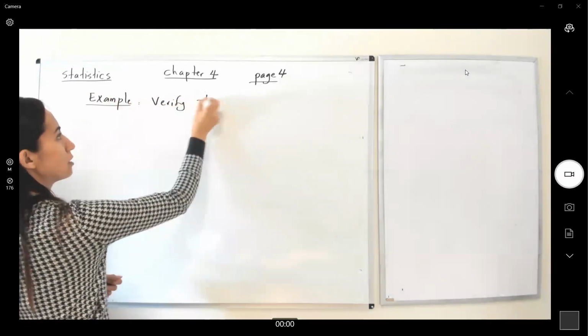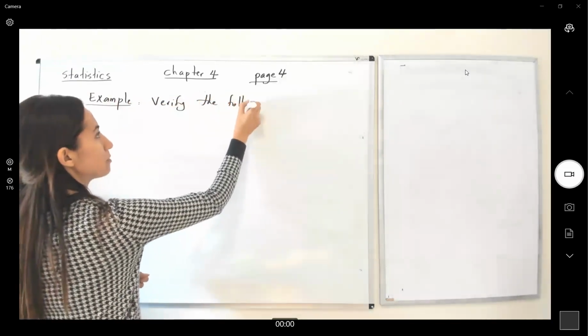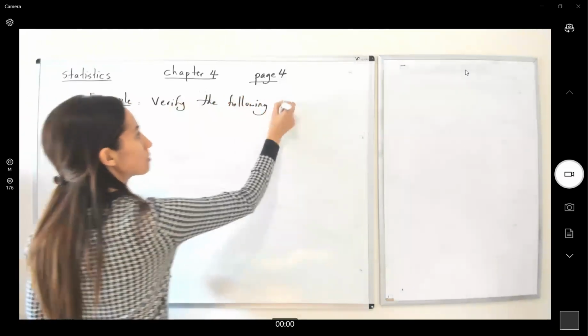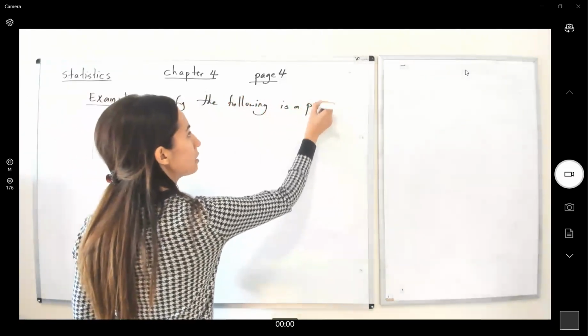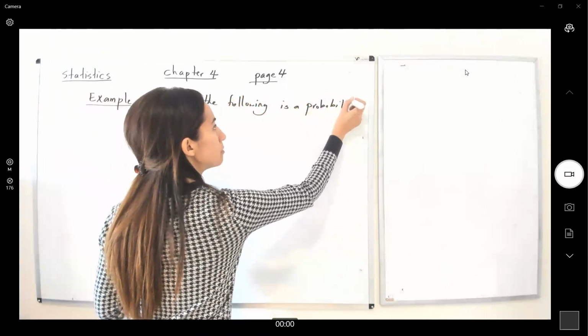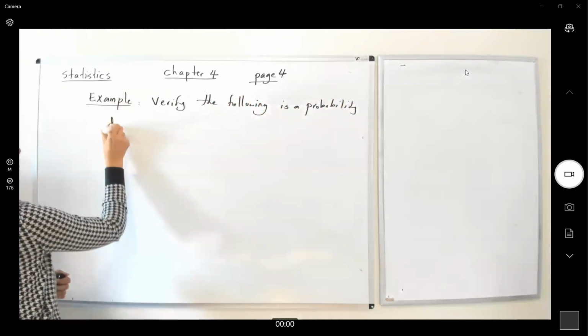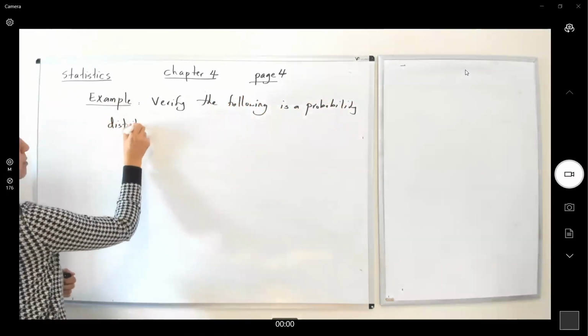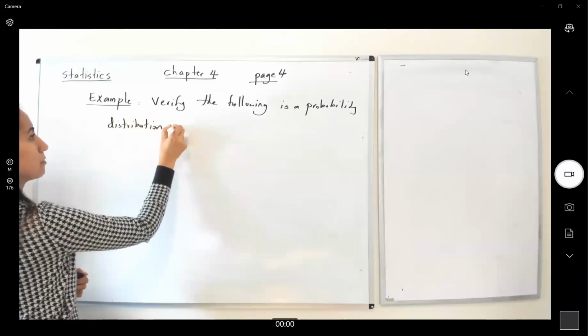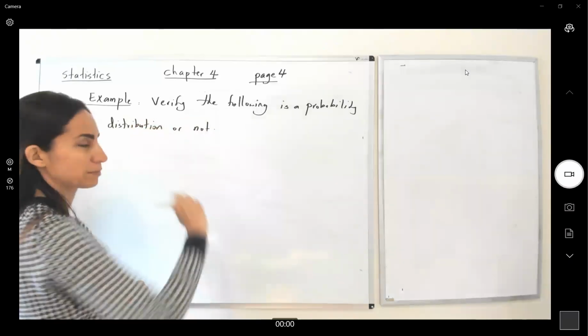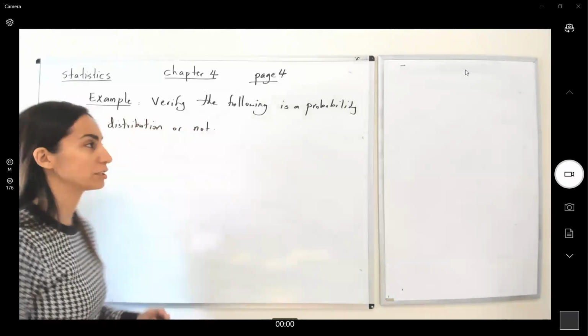Verify the following is a probability distribution or not. So you have the following table.